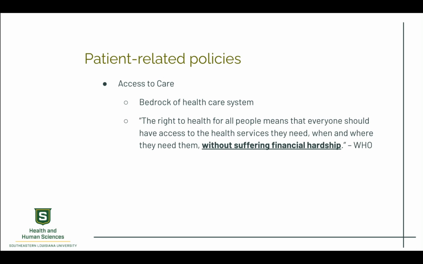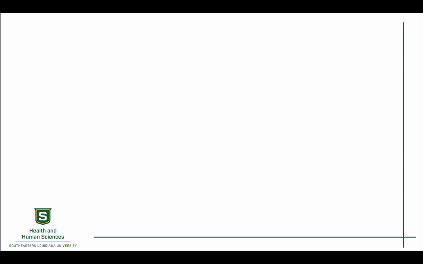So this is one of the ways that the WHO pushes for universal health coverage, because with universal health coverage it is so much cheaper for patients to have access to health care, because otherwise spending a lot of money on healthcare could mean the difference between being bankrupt or being able to eat. So this is something that is very big when it comes to access to care.